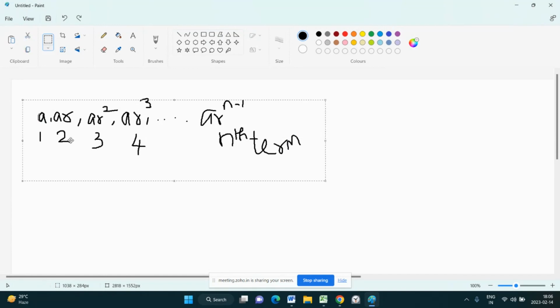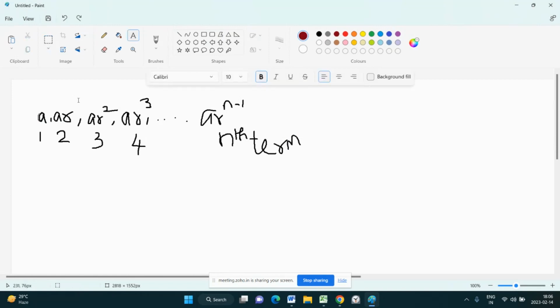When the term is second, R to the power is 2 minus 1.